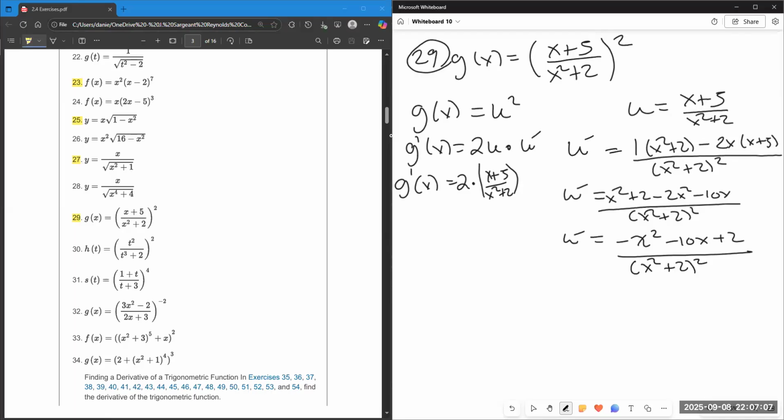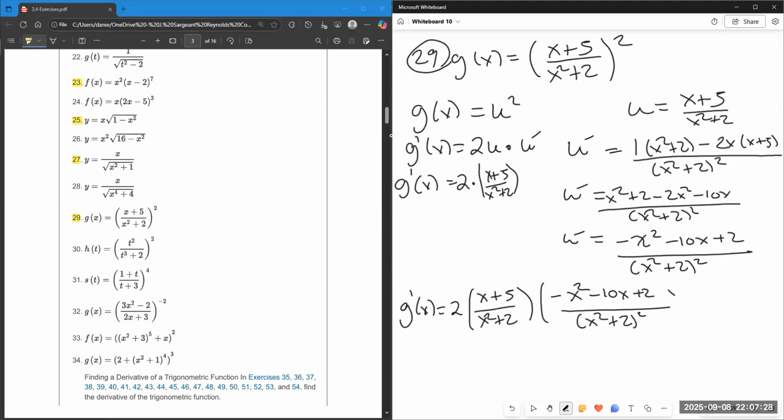I need to give myself more space here. G prime of x is 2 times x plus 5 over x squared plus 2 times a negative x squared minus 10x plus 2 over x squared plus 2 quantity squared.